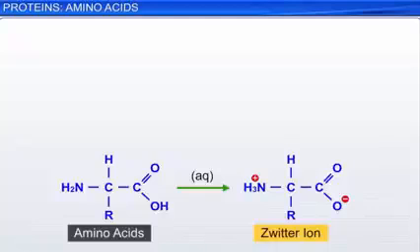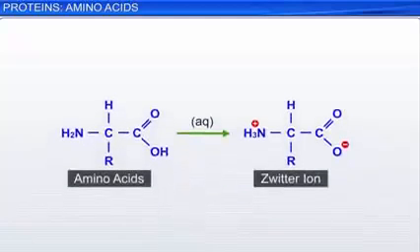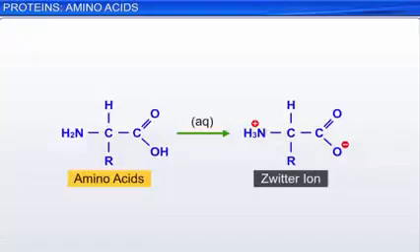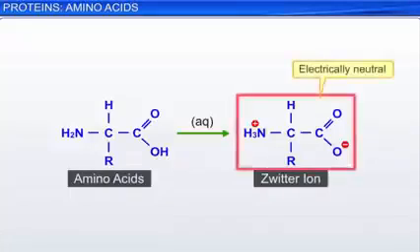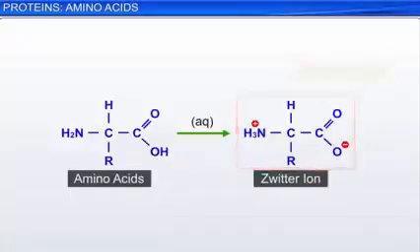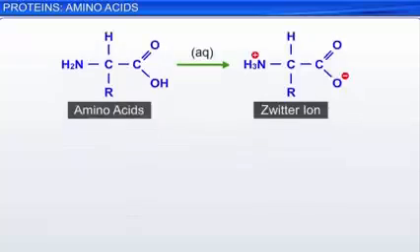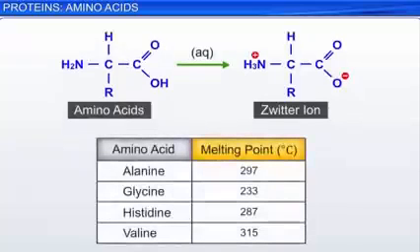Thus, amino acids form Zwitter ions in aqueous solutions. Zwitter ions are electrically neutral. They exhibit amphoteric behavior as they can react with both acids and bases. The high melting points and solubility of most amino acids are due to this dipolar ion structure.